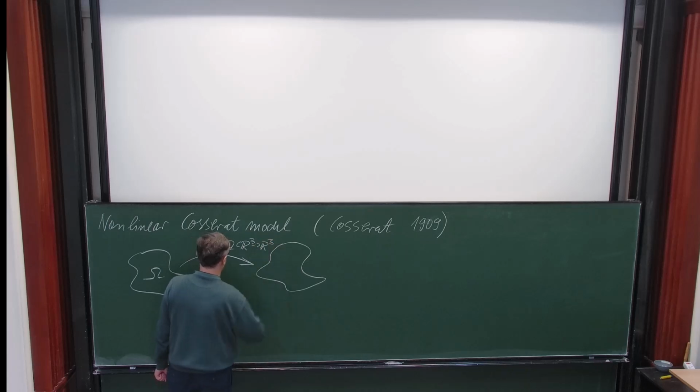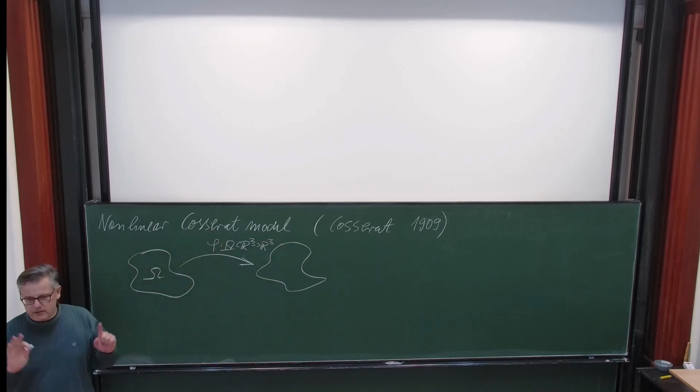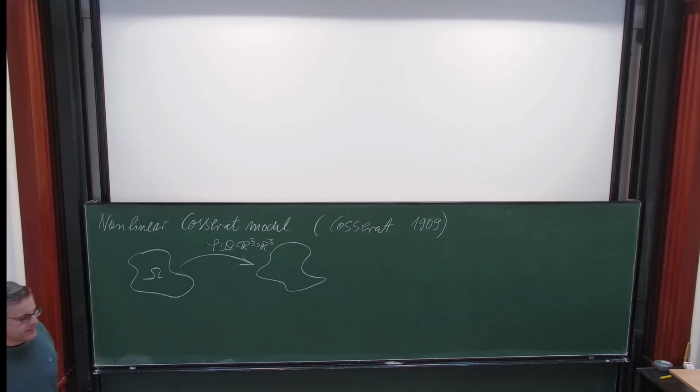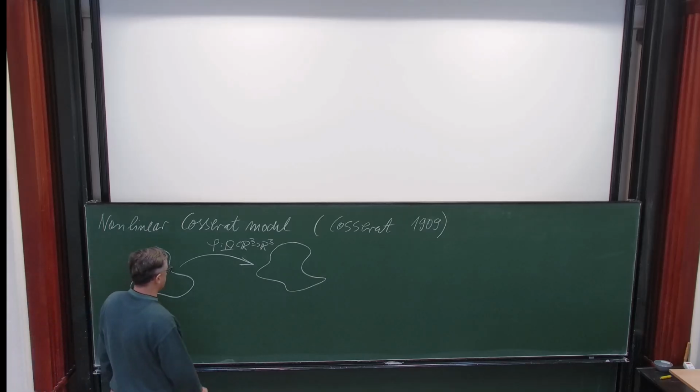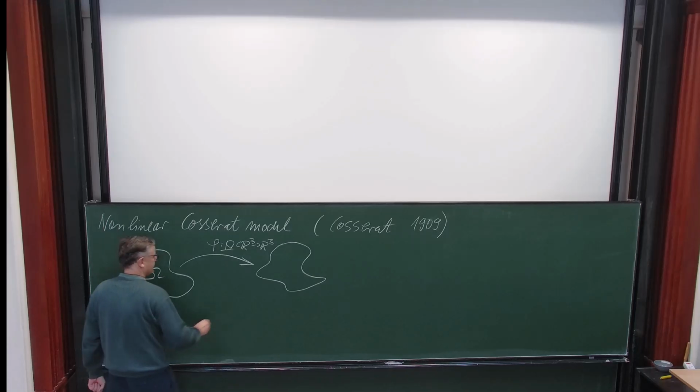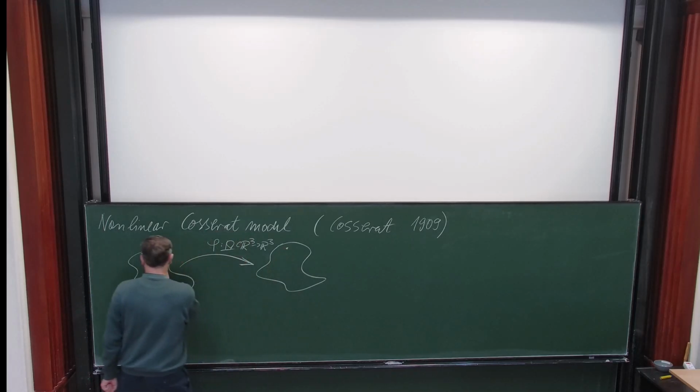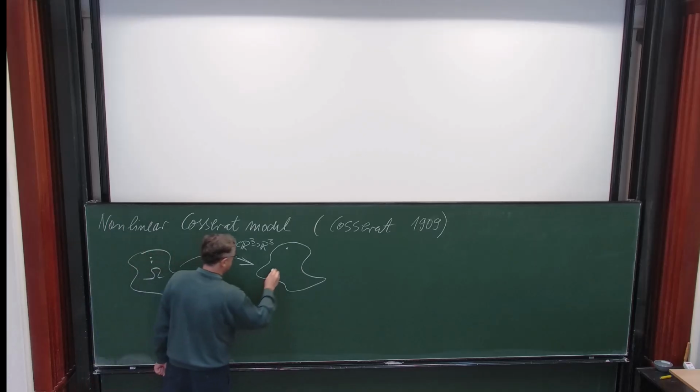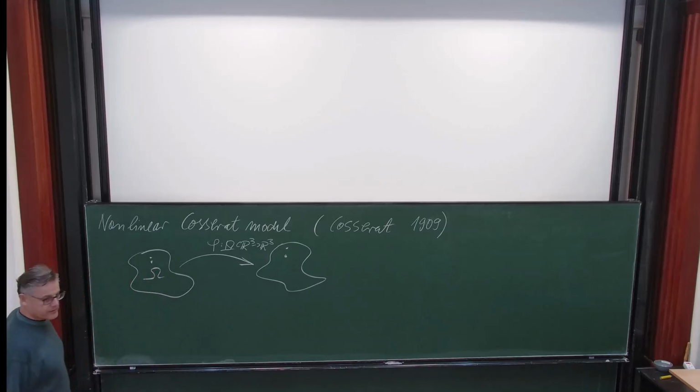And for the following, I assume every smoothness I need to do my slide mathematics. So the phi is smooth. That means each point here is mapped to another point, and if you have two points neighboring each other, they are mapped to neighboring points because the phi will be continuous.